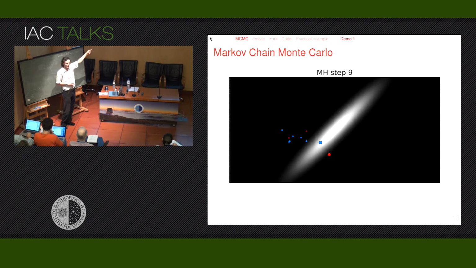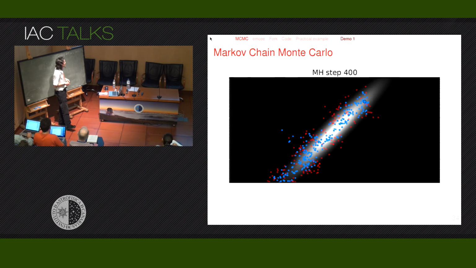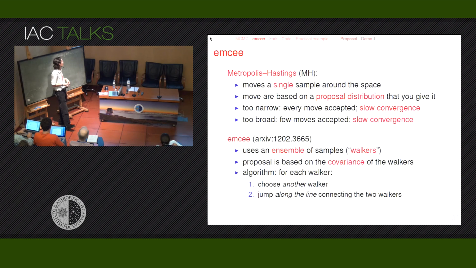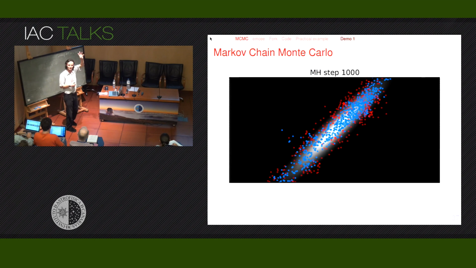There was a proposal to jump right down off the hill into the ocean. That step was rejected. And then essentially it just wanders around, exploring the space. So after 40 steps, it sort of explored the bottom part of this ellipse. Surprisingly, that went off and wandered around down in the south side of the island. But then, given enough time, it essentially gets to explore this whole, the likely parts of this parameter space.